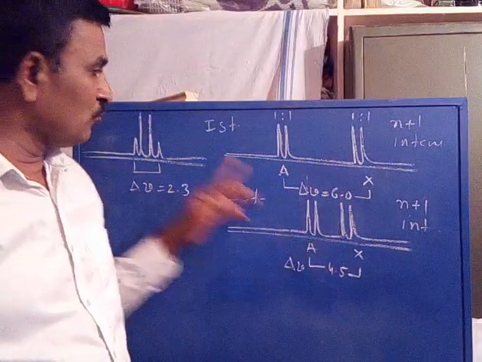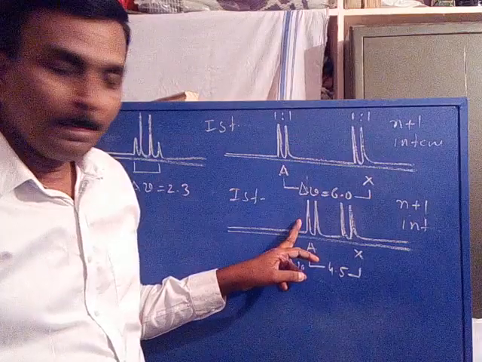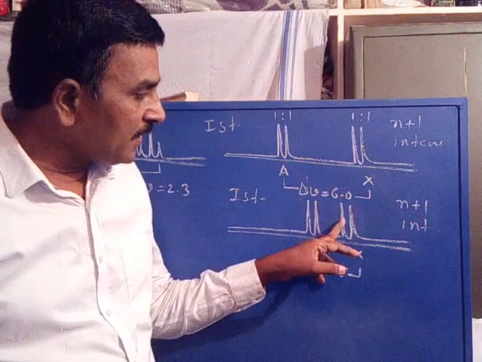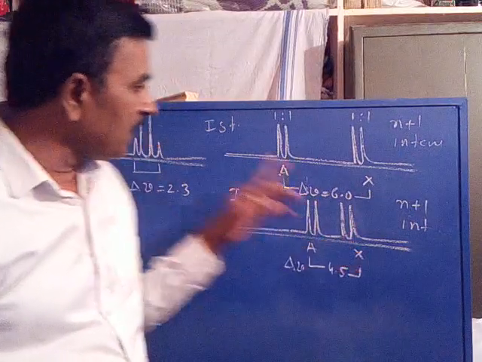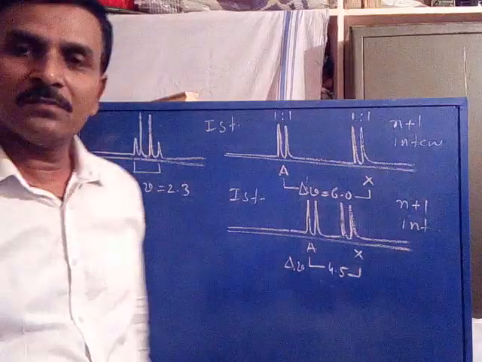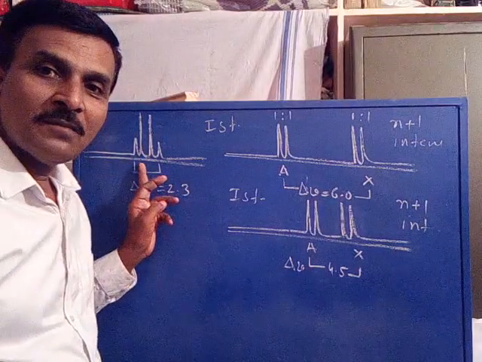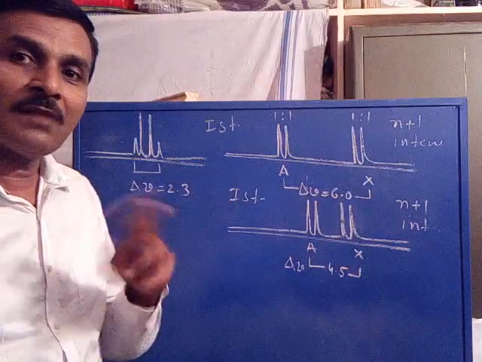You compare these two, where here the signal intensity is 1:1. Now in the third spectrum, the two outer lines' intensity is decreased, and the two inner lines' intensity is increased. There is no 1:1. This is one doublet, this is the second doublet, but the intensity is not 1:1.